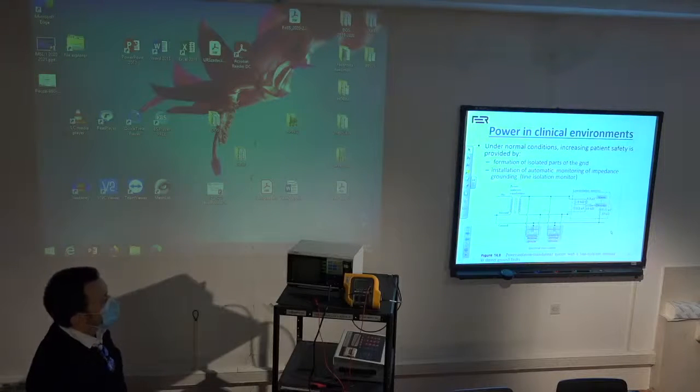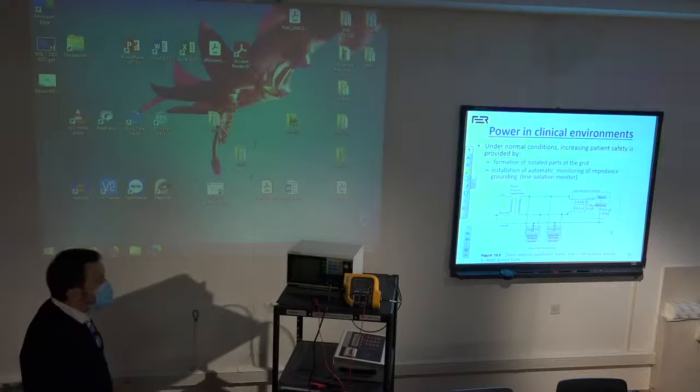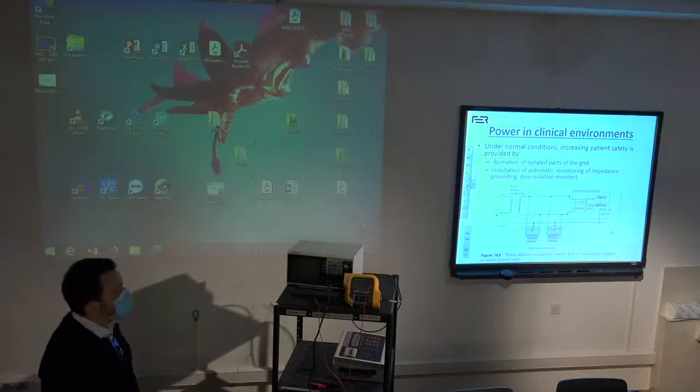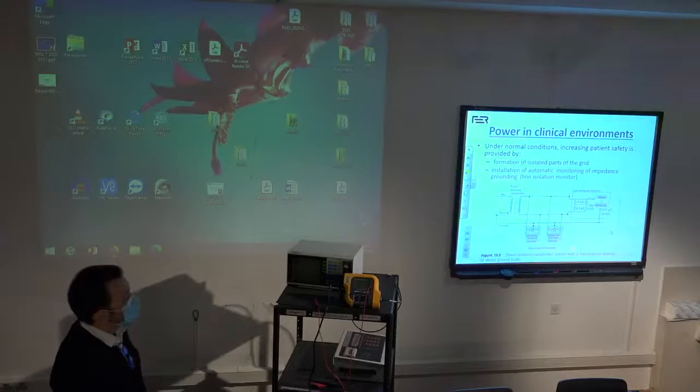And then many of the devices working in clinical environments also have so-called circuits for the detection of leakage currents.